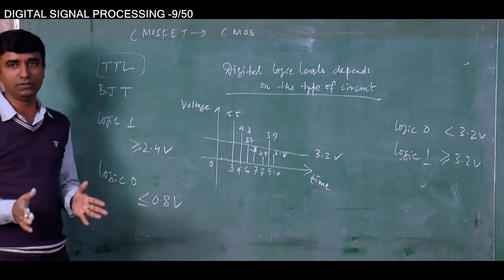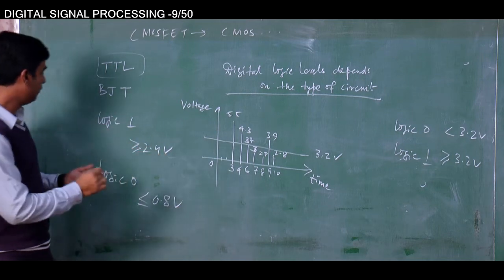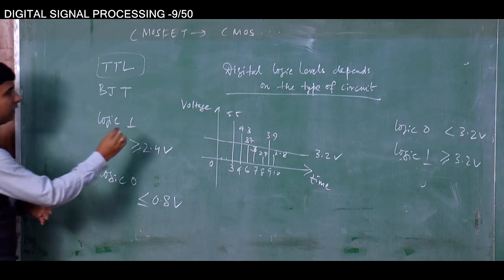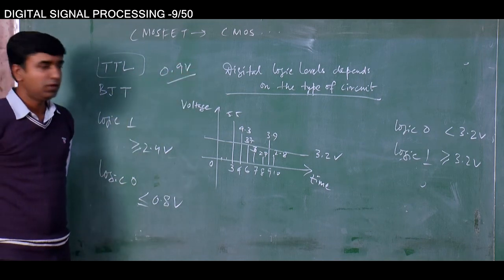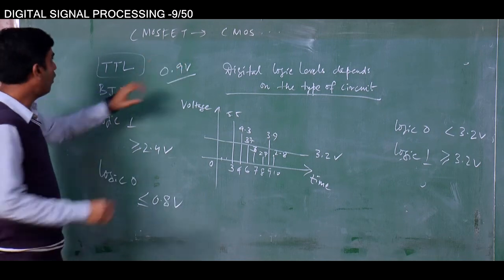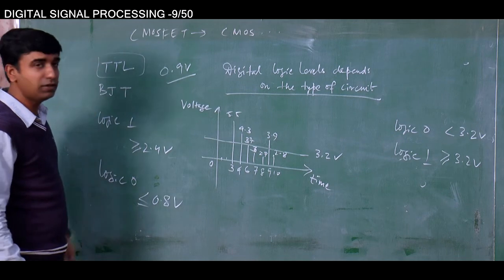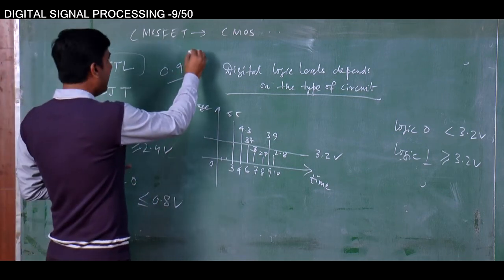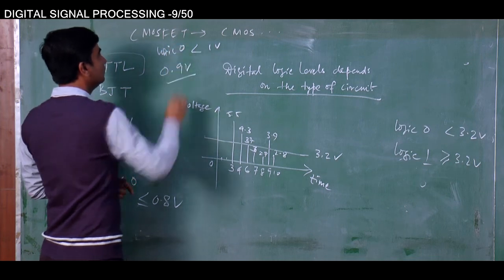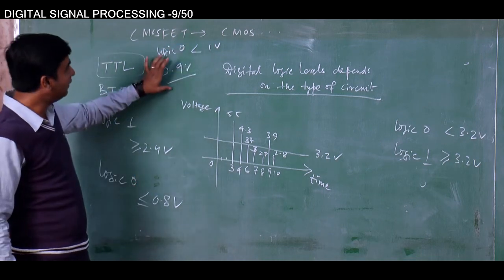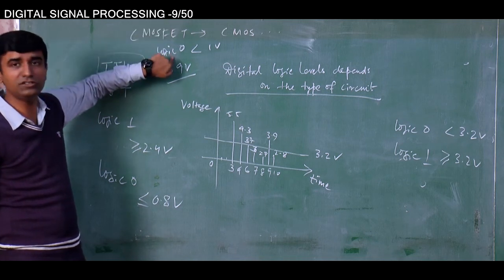So now you compare with MOSFET. Suppose you consider one particular voltage, which is 0.9 volt. For MOSFET, if you remember, I told you less than 1 volt is logic 0. So 0.9 volt, if you are using a MOS circuit, will be taken as logic 0.